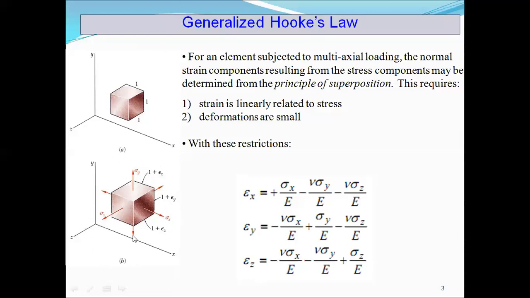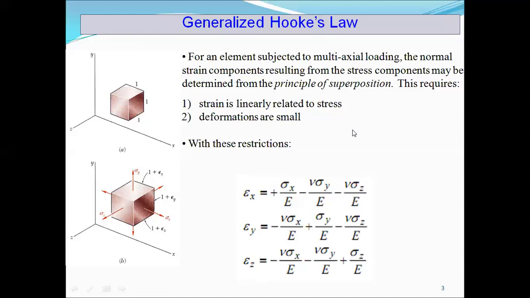Then you have to superimpose all these calculations on top of each other and add all these strains. For example, this is the strain due to loading in x direction, this is the strain due to loading in y direction, this is the strain due to loading in the z direction.